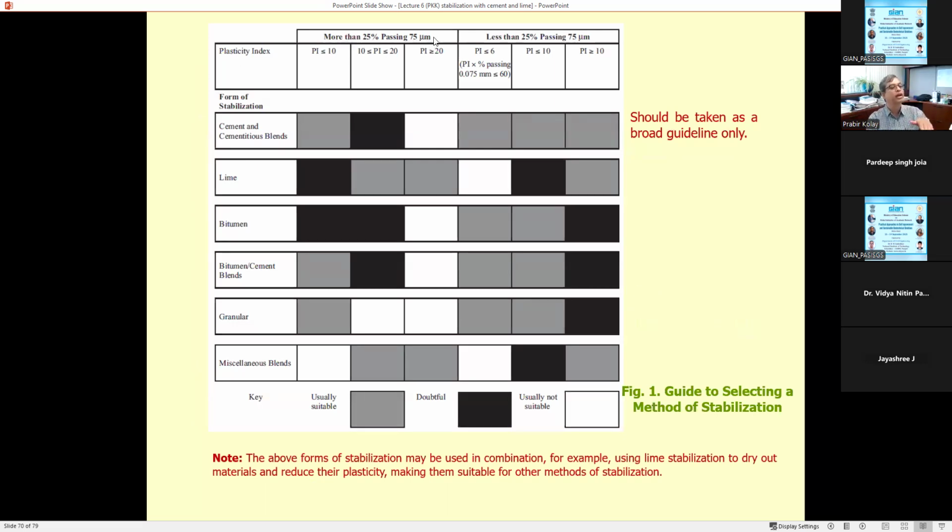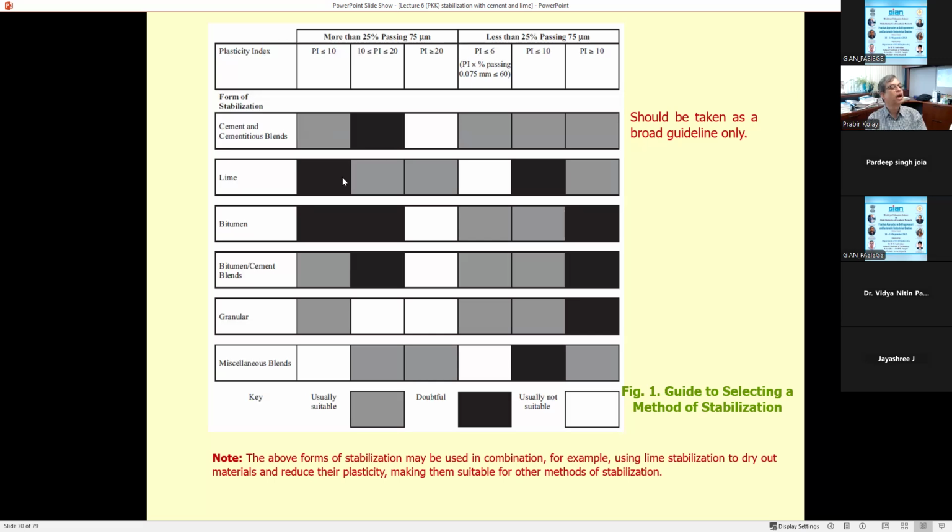So these tables will give you a guideline again, based on plasticity index and particle size distribution, with 25% passing more than the number 200 sieve, or less than the number 200 sieve. In these blocks, the dark light brown is the most suitable, usually suitable. If it is black, this is doubtful, and white is not suitable at all. For example, if the plasticity index is less than 10 and more than 25 is passing 75 over here, that's doubtful, right?